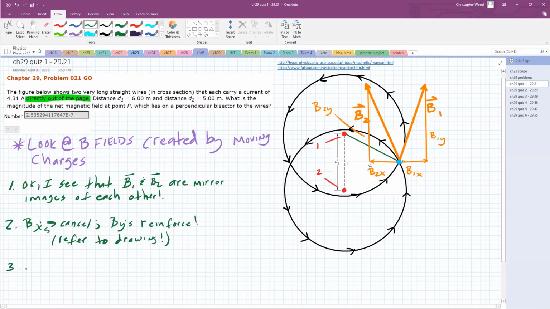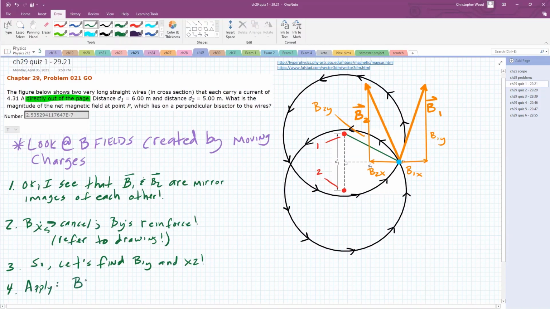Okay, so number 3. Let's just find B1y and multiply by 2. We've done this sort of thing before. Let's apply this.